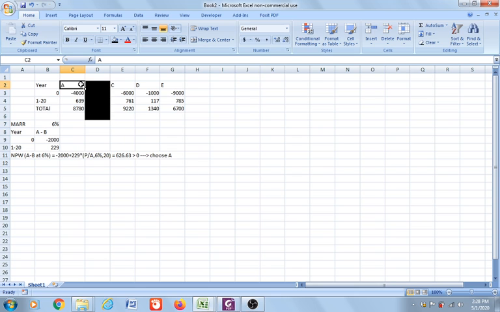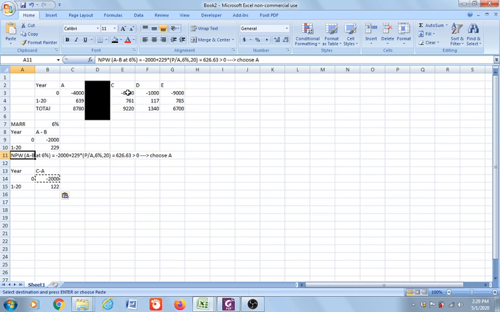Okay. Now let's compare A and C. So we will have the same thing here. Now A and C, C has a higher total, so we will have the cash flow of C minus A. So this is year 0 and year 1 till 20. Okay. And then that is the cash flow from year 1 till year 20.